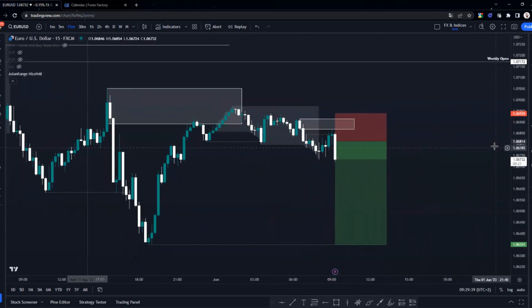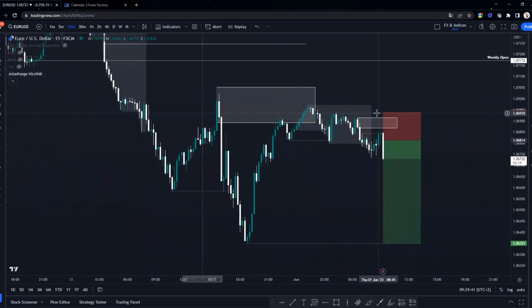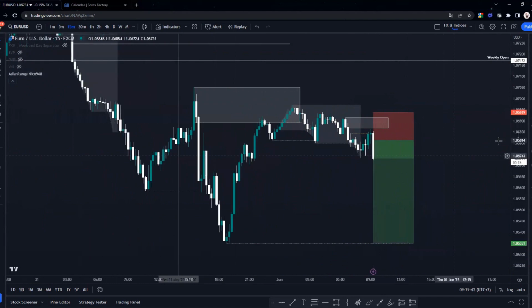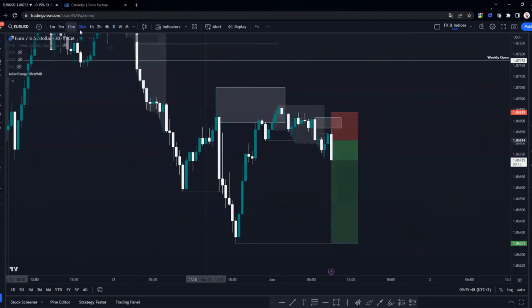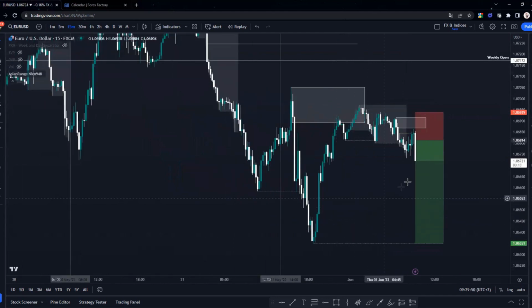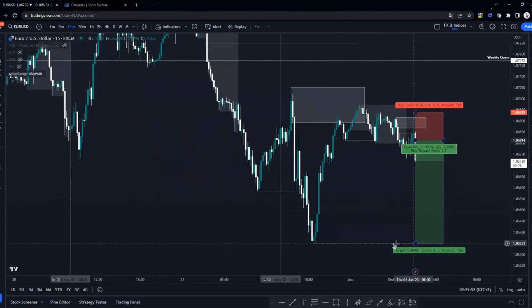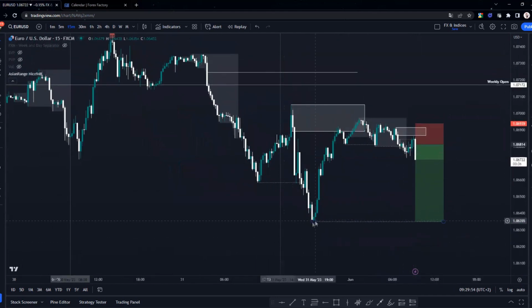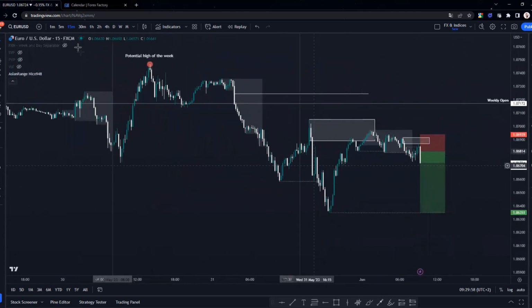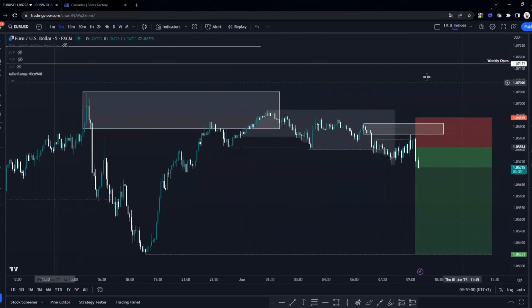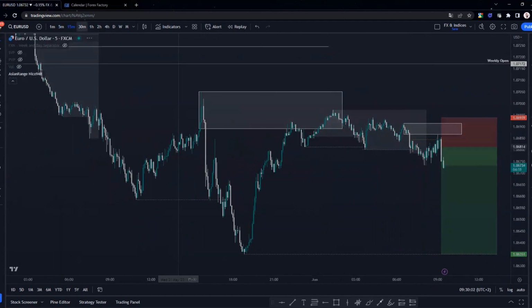So that's why I have my stop loss over here. But price is already moving nicely, so I'm hoping to see a nice push to the downside. I have my target at the 1 to 3 risk to reward ratio at this next low, and let's see how it plays out throughout this day and this morning.